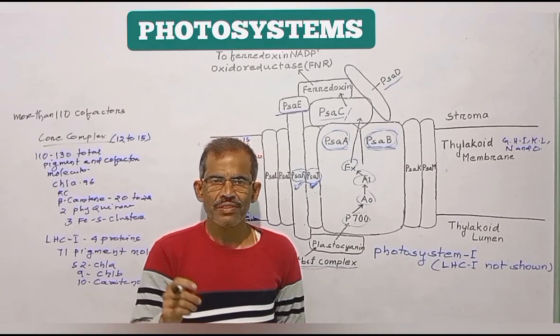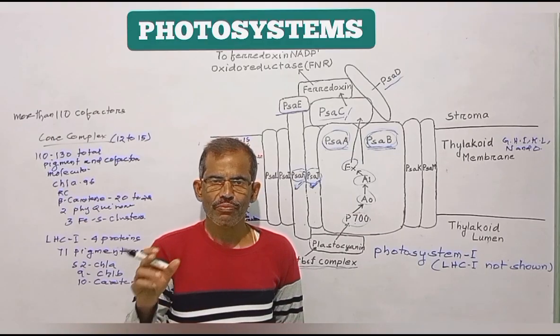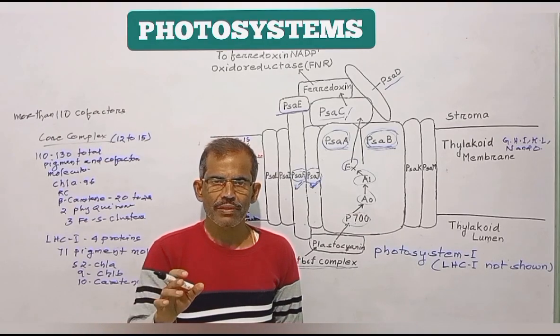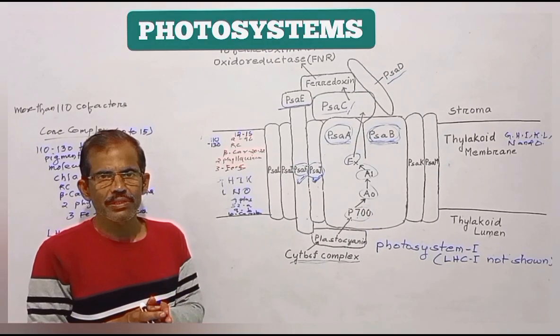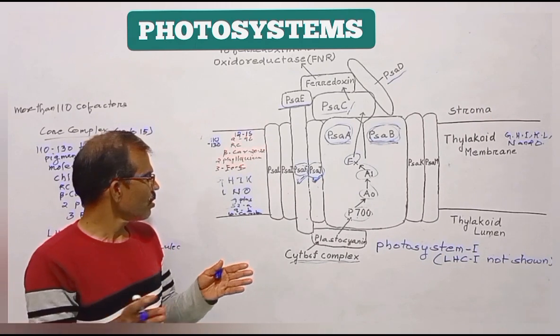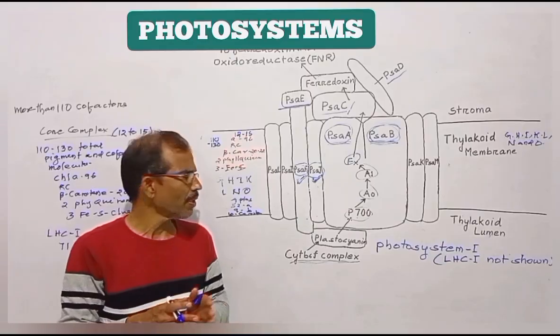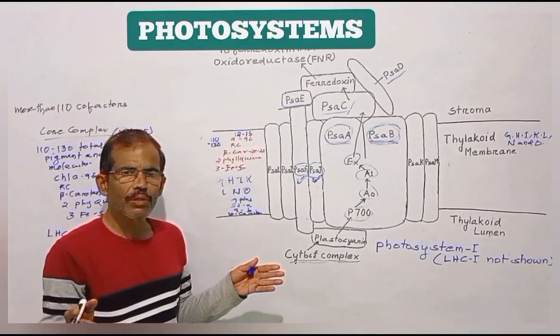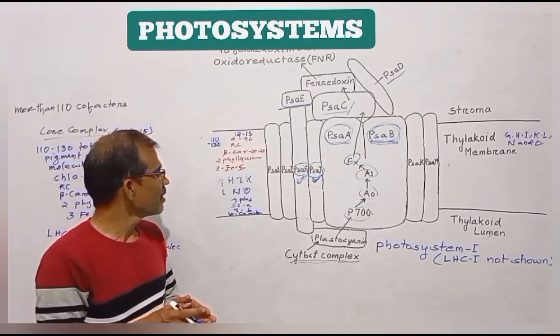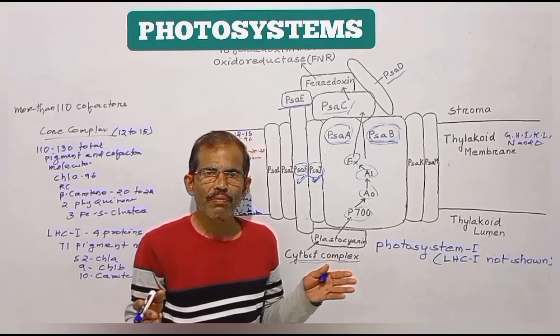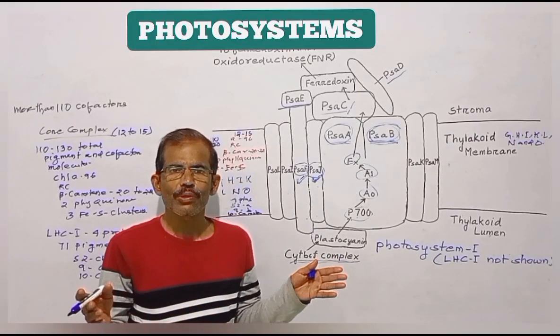These proteins act as a scaffold for various photosynthetic pigments. In addition to this, the LHC1 also contains 52 molecules of chlorophyll A, 9 molecules of chlorophyll B, and 10 molecules of different types of carotenoids.